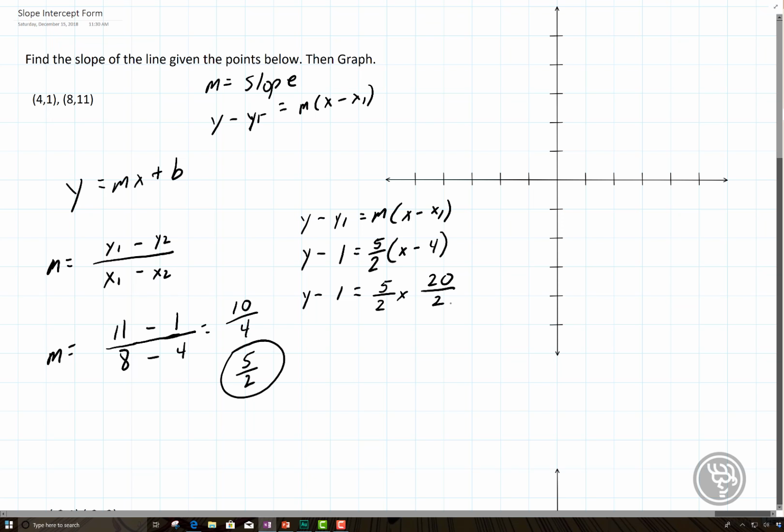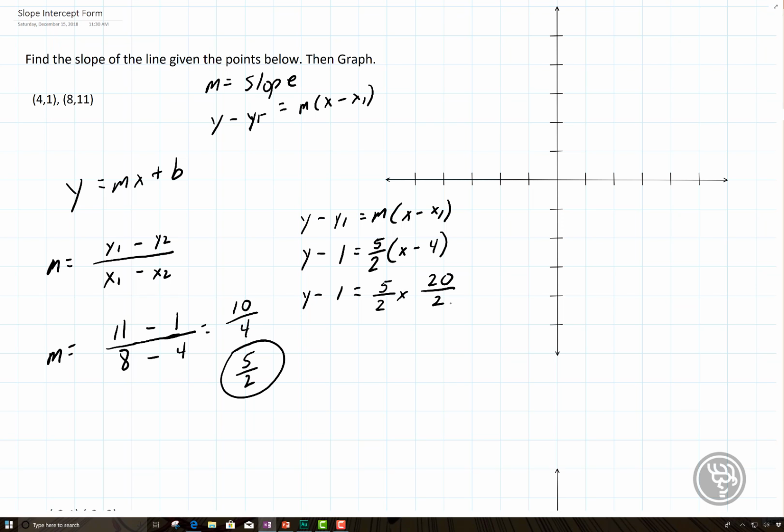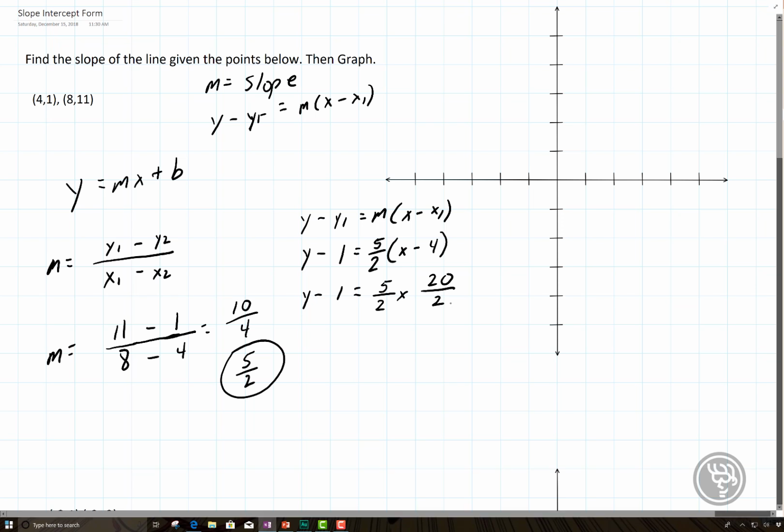Now we can still simplify this a little bit. For example, the 20 over 2, and I did that purposely just so I didn't put an integer there and confuse anyone. So we'll say y minus 1 is equal to 5 over 2 x, and this is also a minus here, minus 10.